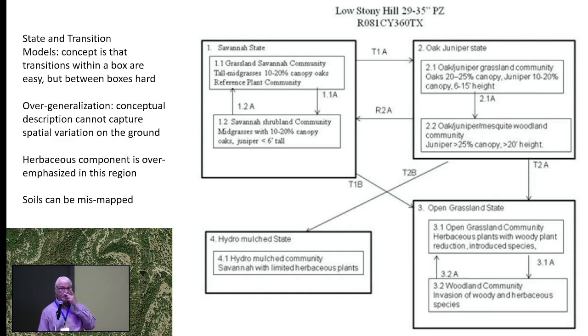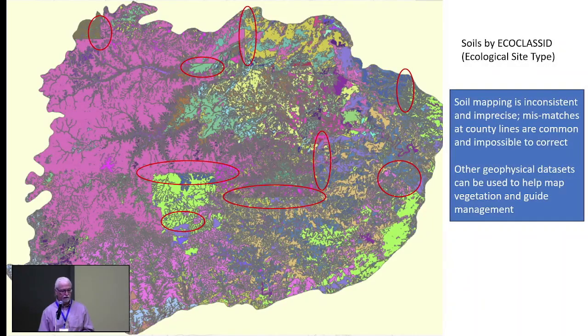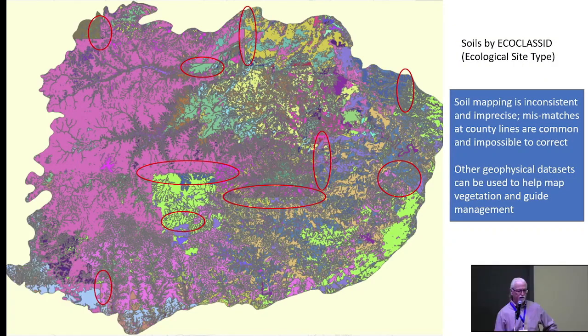They're very excellent, a tremendous amount of good information in there. This is the other part that the soils mapping has problems with. This is the Balcones Canyonlands, the Llano Uplift, and the Edwards Plateau woodland ecological sections. And those things that are circled are county line discrepancies in mapping. When I first saw this, I thought, well, I'll just change the coding and everything will be fine.